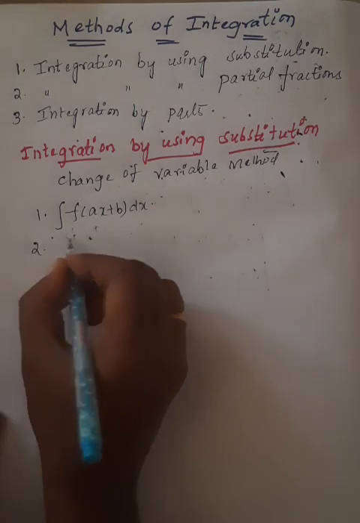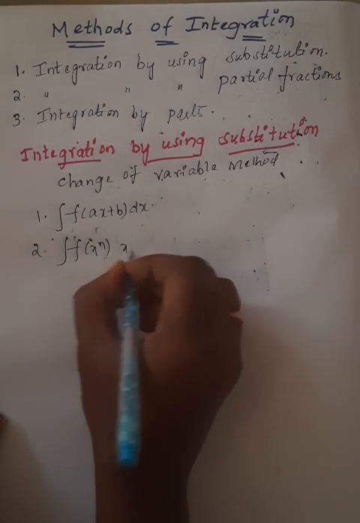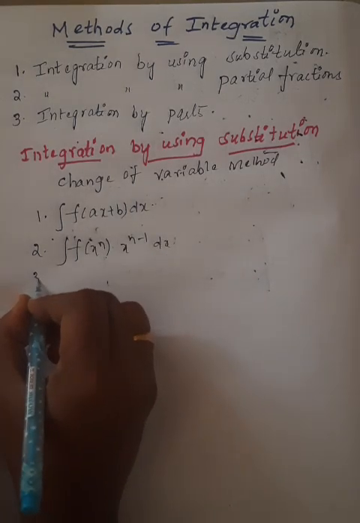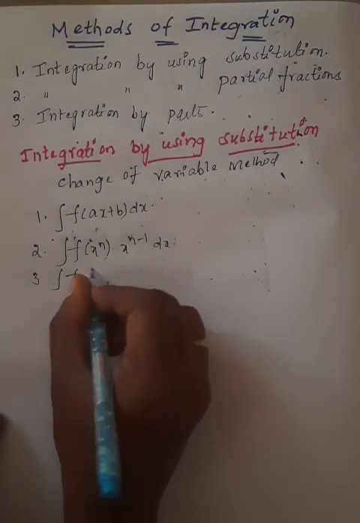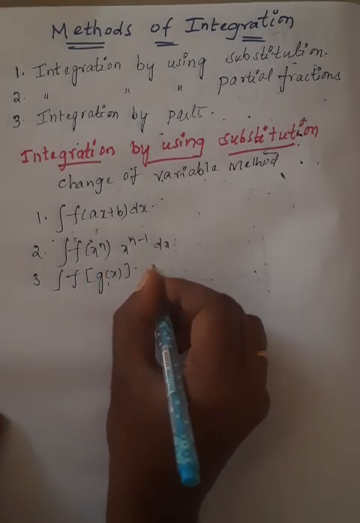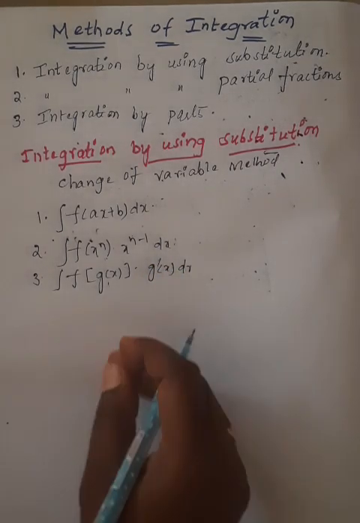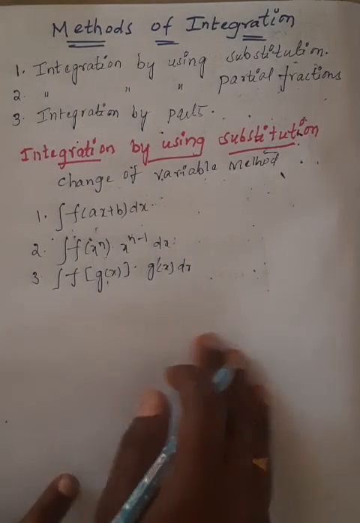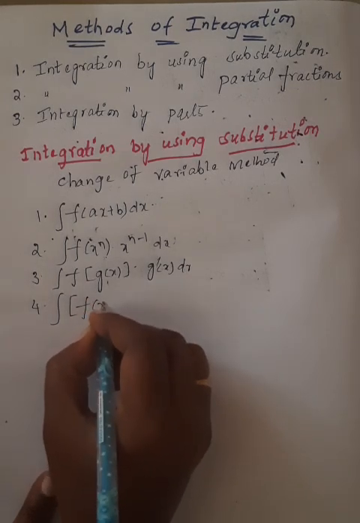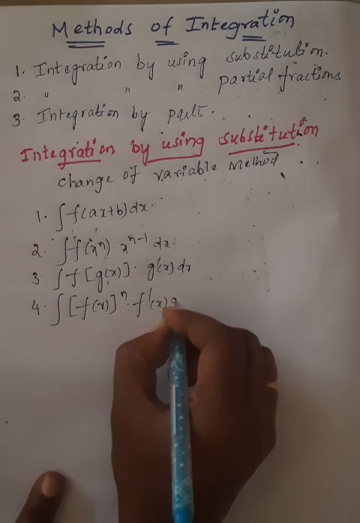Our second form is integration of f of x power n into x power n minus 1 into dx. Our third form is integration of f of g of x into g dash of x dx. The fourth form is integration of f of x whole power n into f dash of x dx.